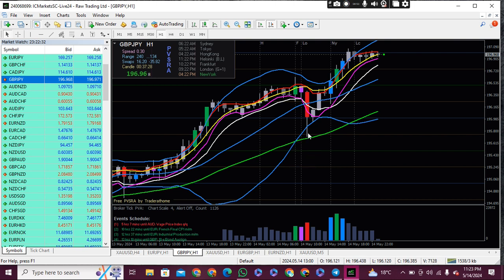So that is for GBP JPY, and you see we had so many re-entry levels, like three. This would have been the first entry, then we get another re-entry, then after that re-entry we'd get another re-entry at this level. So that gives us around 3 trades on GBP JPY.